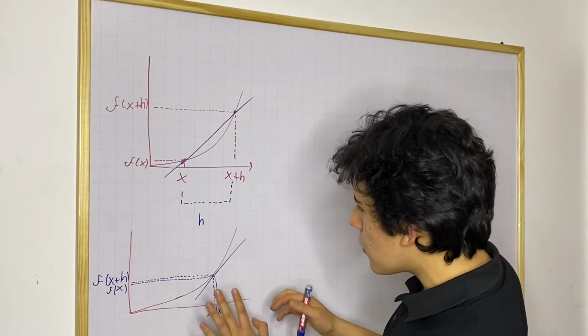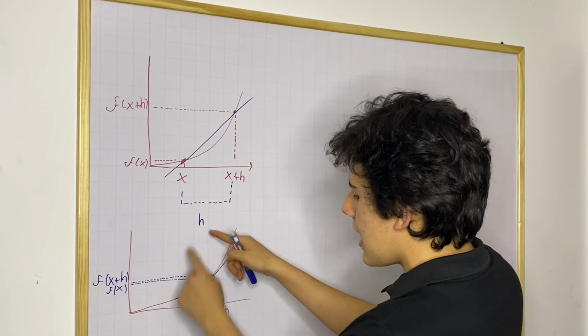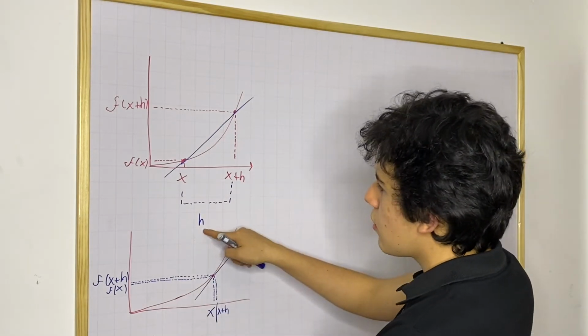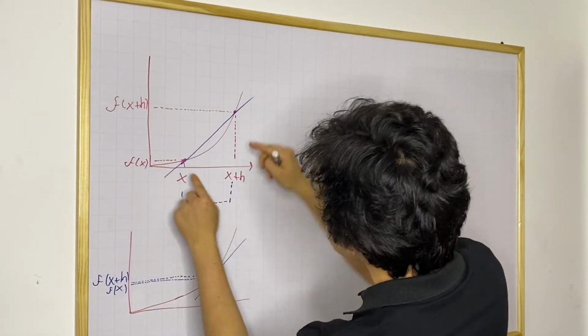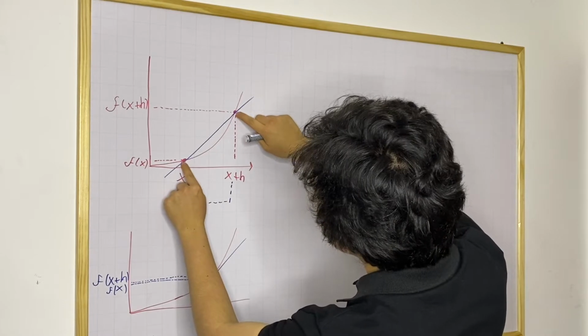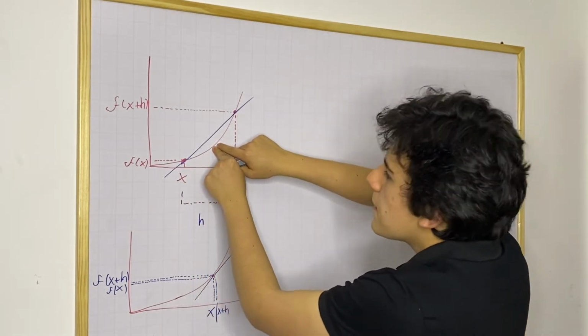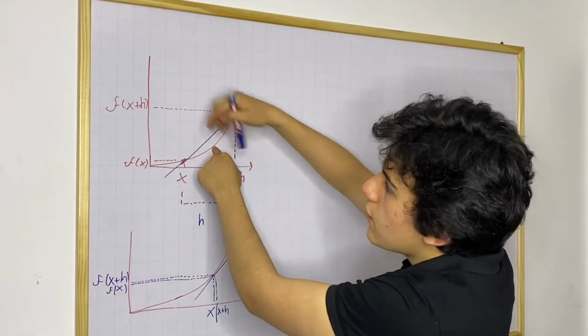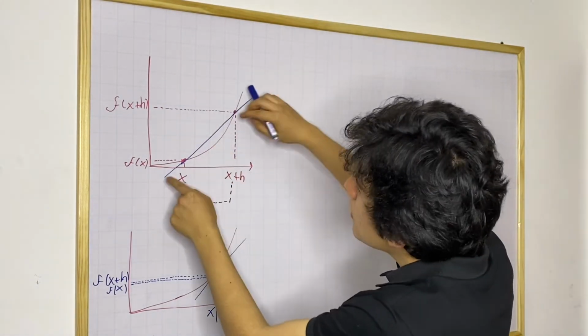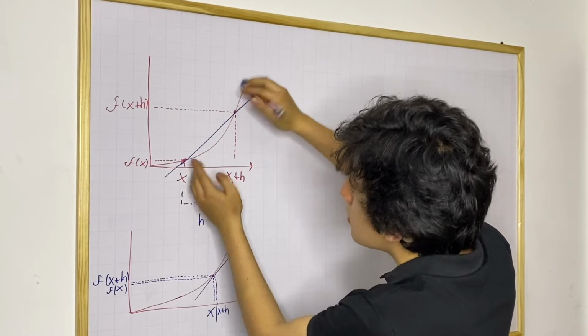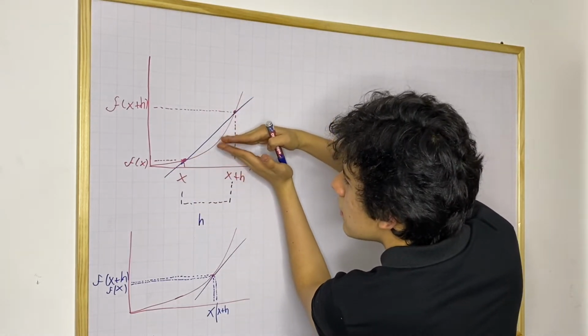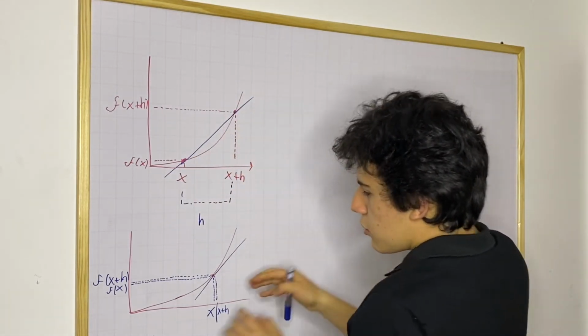Basically, we made h approach 0. So these 2 points got very close, and the outputs, f of x plus h and f of x, also got very close, because you can see these 2 lines are gonna meet eventually at the same point.